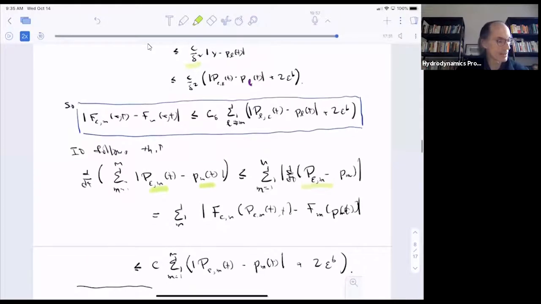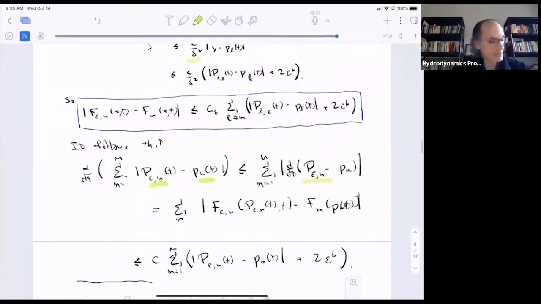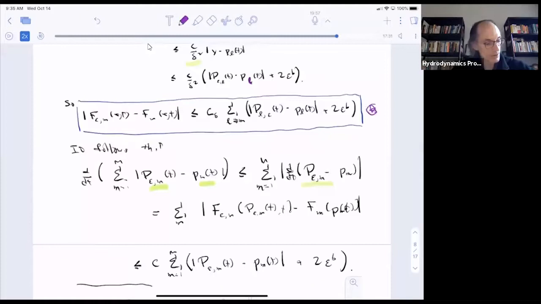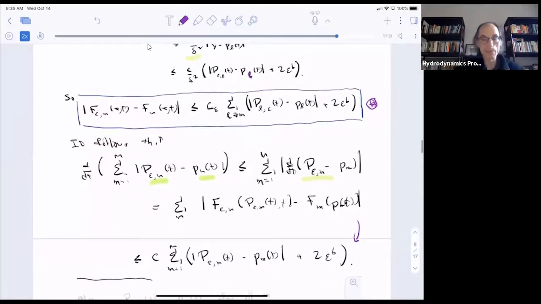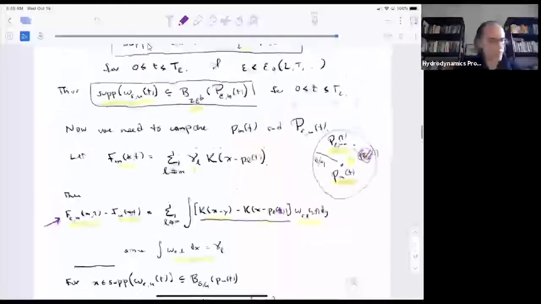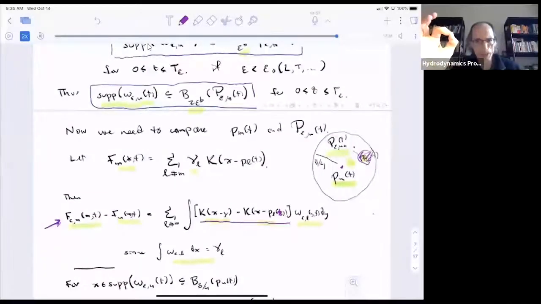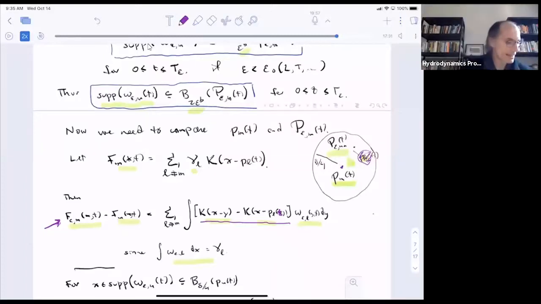And then finally I use this fact here, and I get this estimate. So the picture is again, if every blob is close to where it should be, then the velocity field generated by the blobs is close to the velocity field generated by the points.